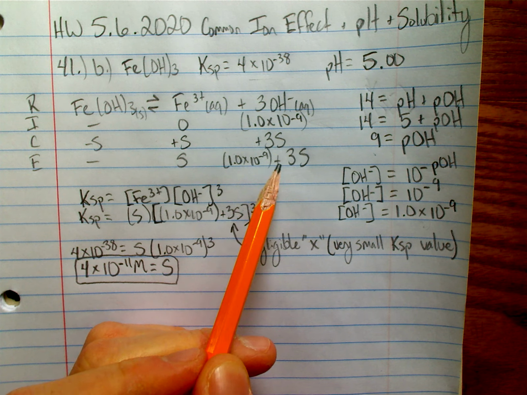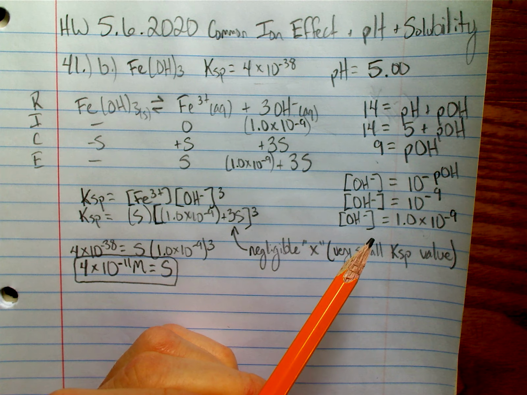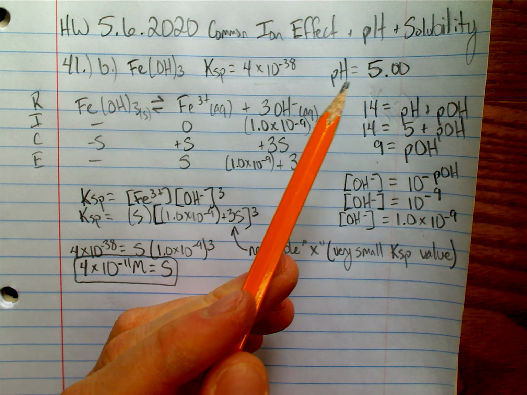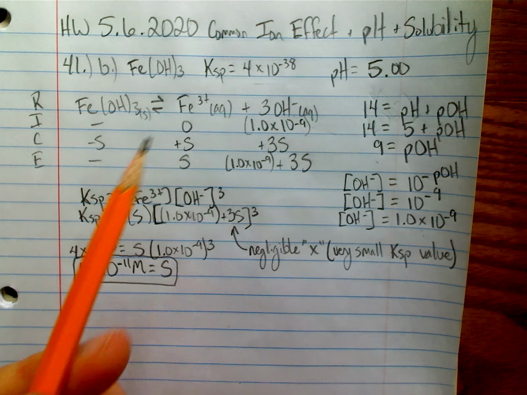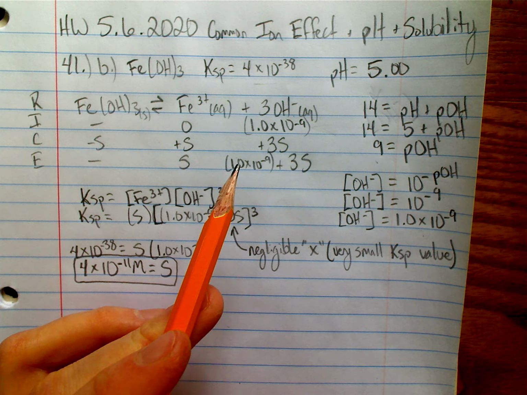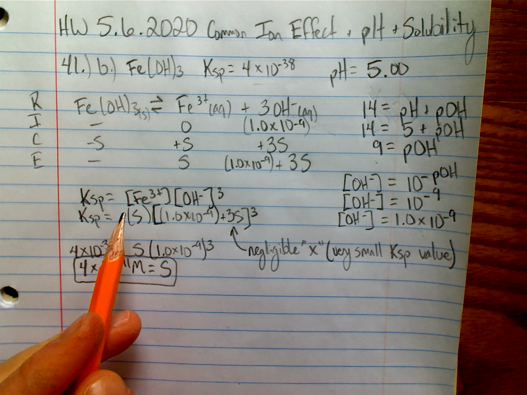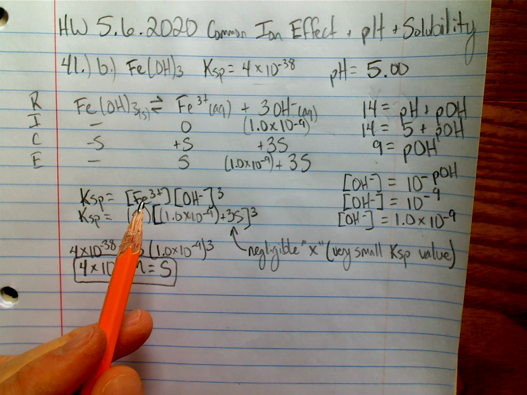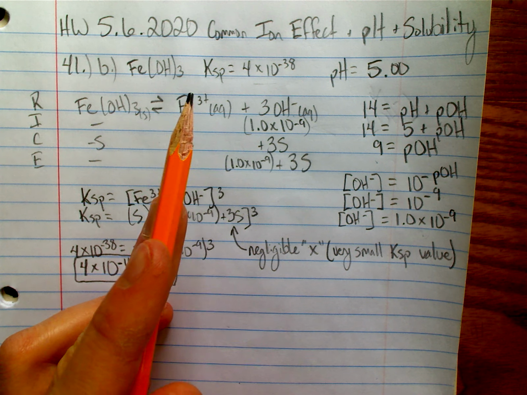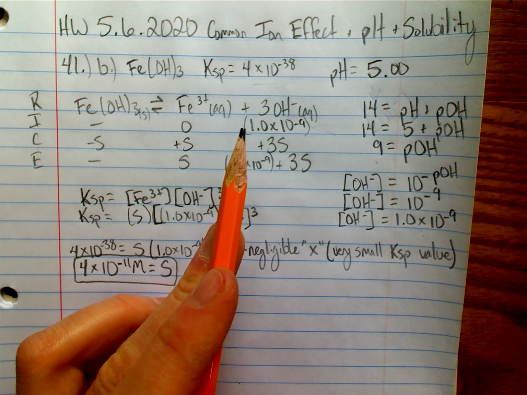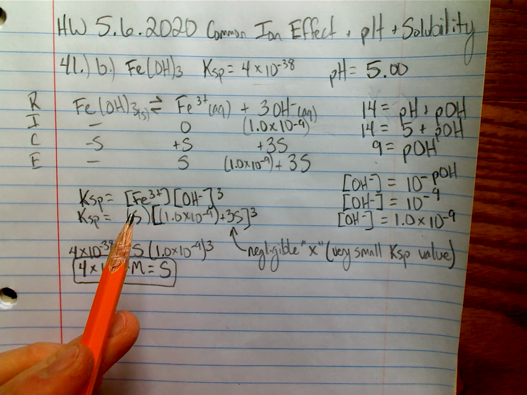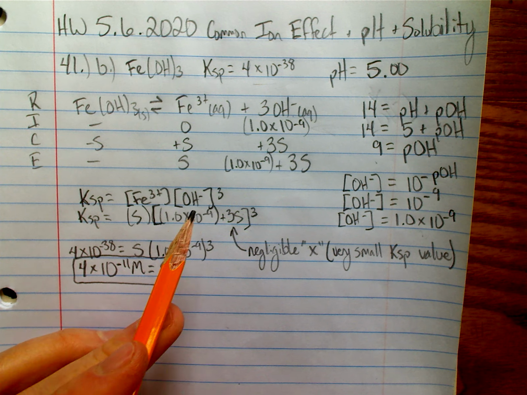After filling in the ICE table with our information from finding the concentration of OH, based off of the fact we have a buffered system here with a known pH, you can plug everything into your table and then set up your Ksp expression with the correct exponents, 1 from this molar coefficient and then 3 from this molar coefficient. And then you can just plug in your equilibrium values there.